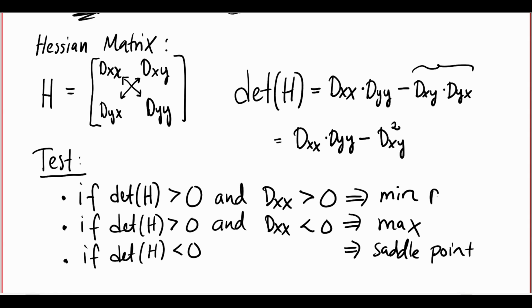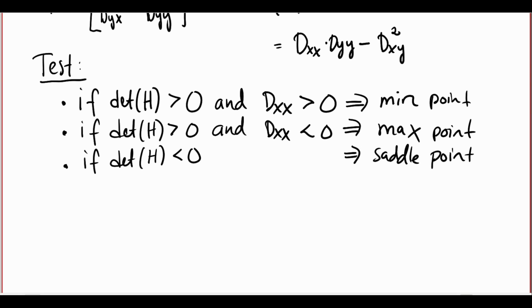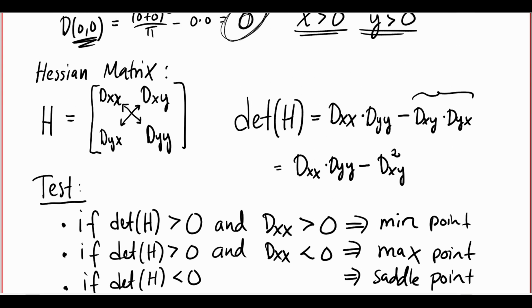Minimum point, maximum point. But if the determinant is equal to 0, the test is inconclusive, so we cannot know whether it's a minimum, maximum, or saddle point, so it can be any of those. So let's find out what these derivatives are.